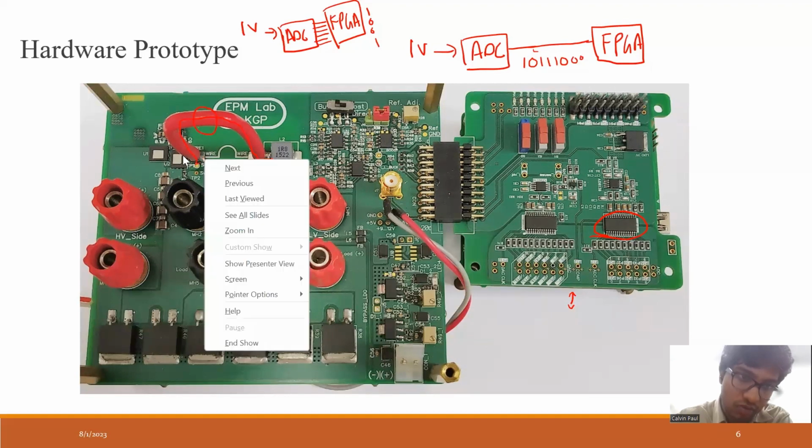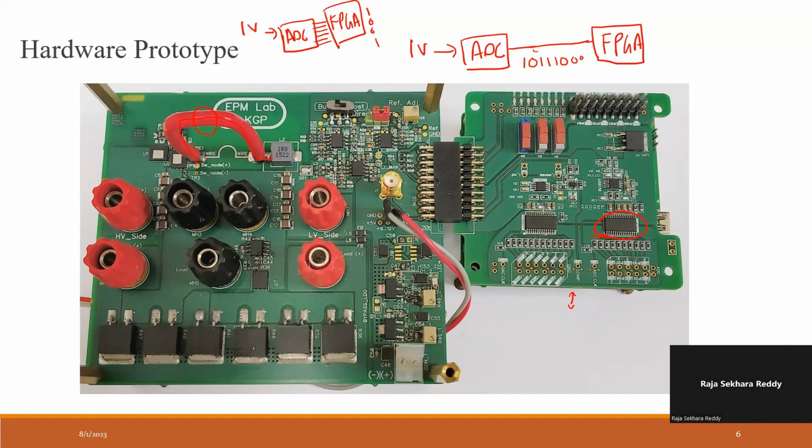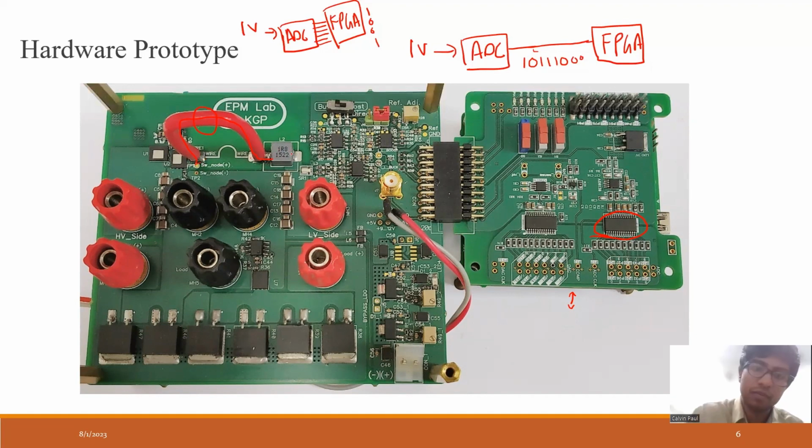This node is not connected to that node, so to connect them we have this wire to close the path. This way we are measuring the current flowing through the inductor, because it is in series with the inductor. These various current sensing techniques will be shown in the later part of this course. Okay, I'll proceed.